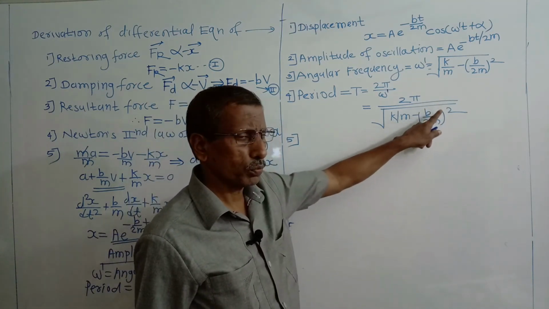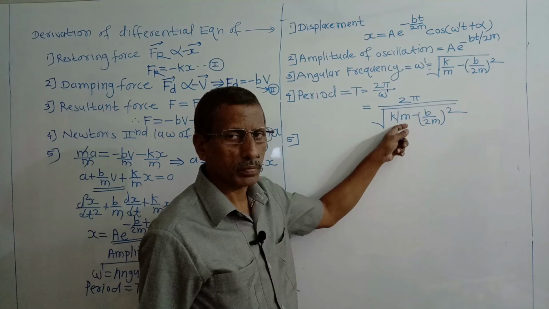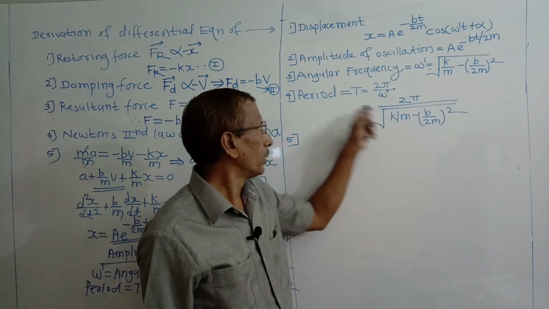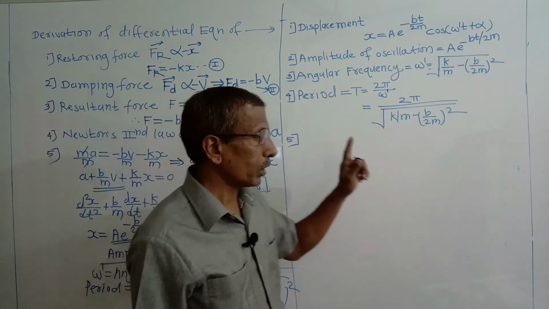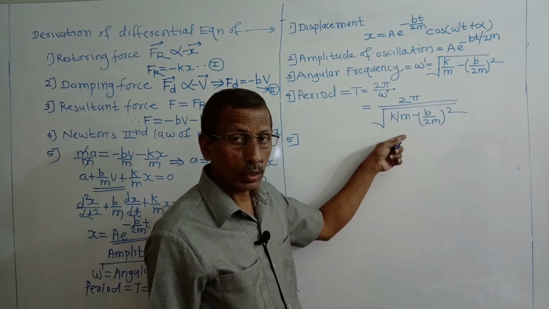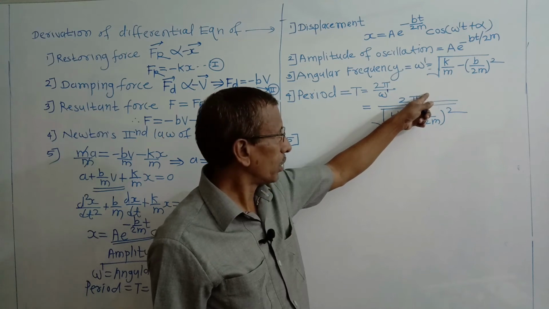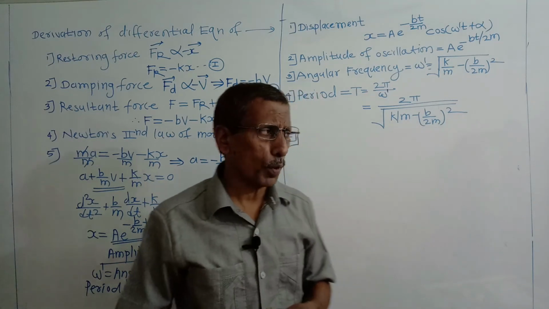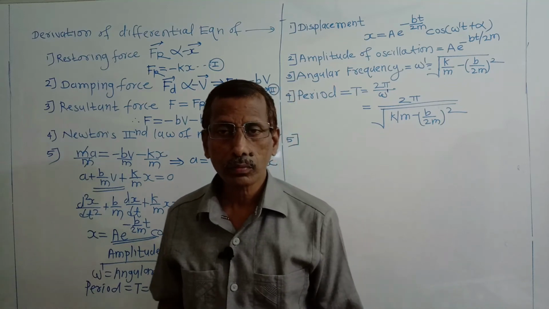This term is positive, its square is also positive, so it is subtracted from this. So as compared to free harmonic oscillation, the period of oscillation in damped harmonic oscillation is going to increase, because the term in the denominator becomes small. The numerator 2π is constant in both motions.